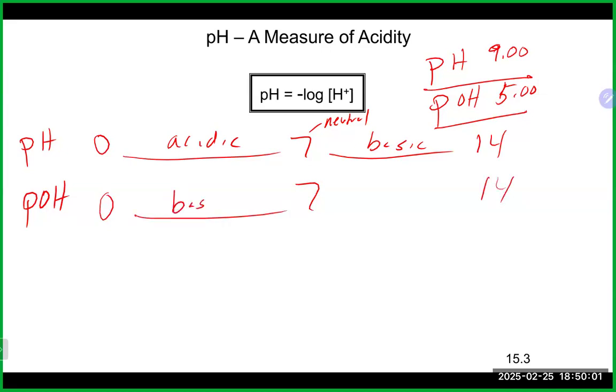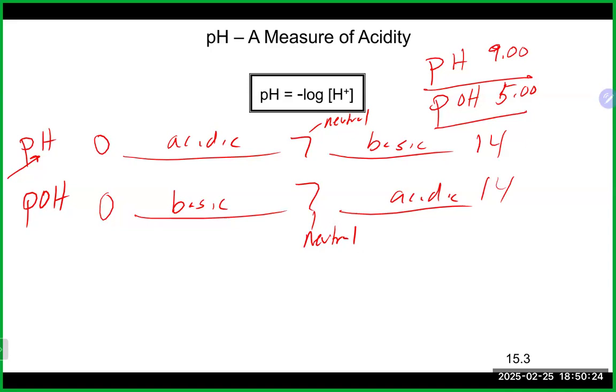That is basic, and this is acidic. So if you have a high pH, you will have a low pOH, and vice versa. But again, most people have this scale in their head, so you should always just probably look at the pH and make the determination if it's acidic, basic, or neutral based off of that.